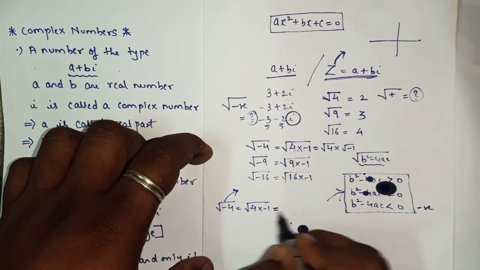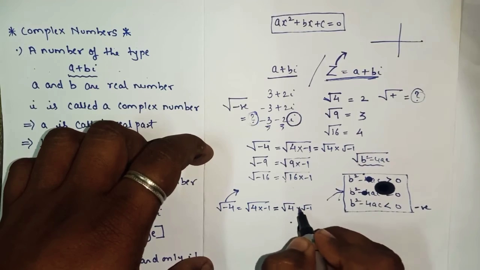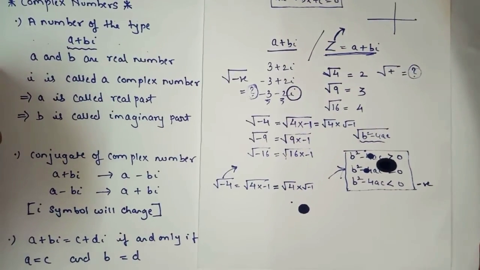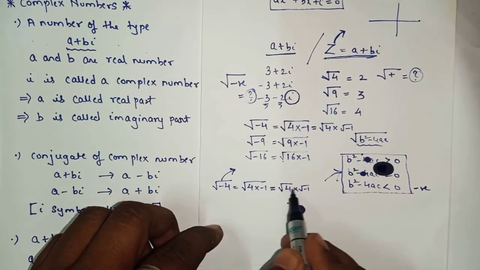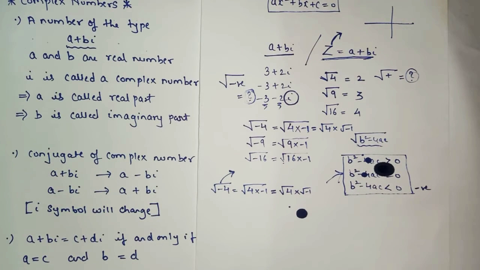Further, can I split this as root 4 into root minus 1? Yes, we can write root 4 into root minus 1. As the orders are the same, we can multiply, and if you multiply this, you will get the same answer. Got the idea what I did here?